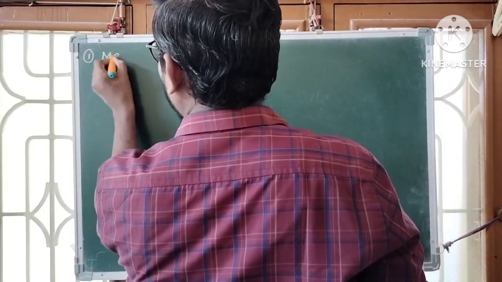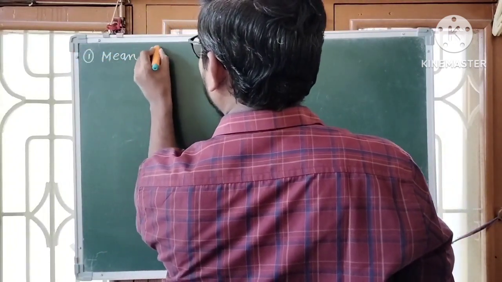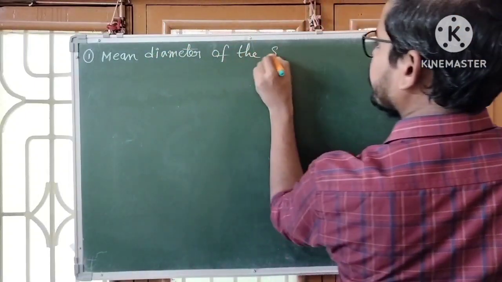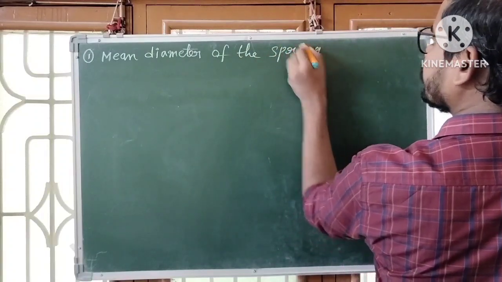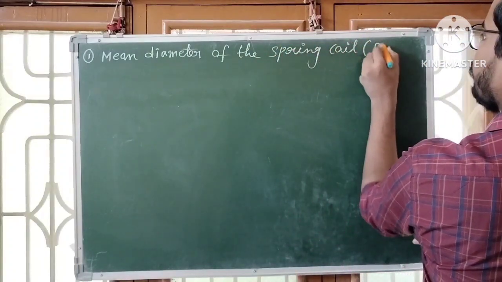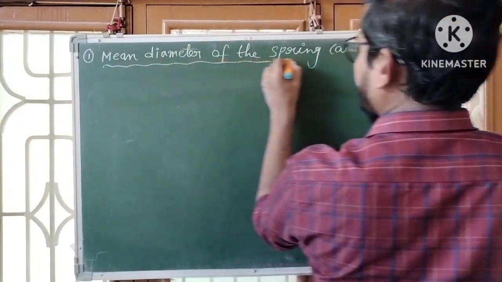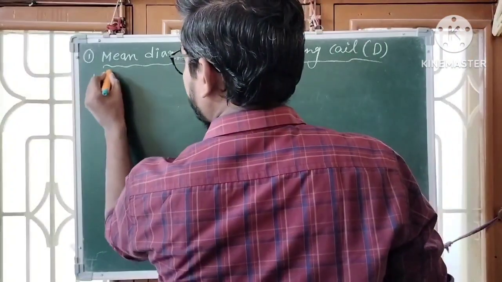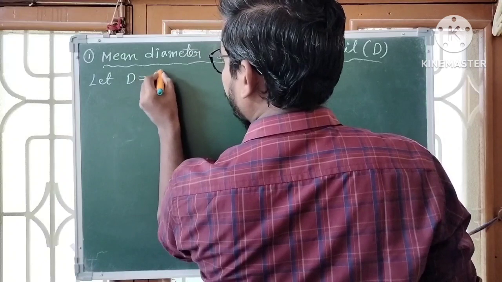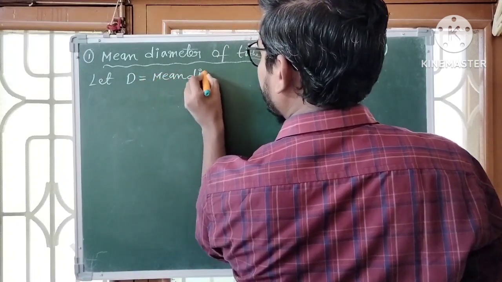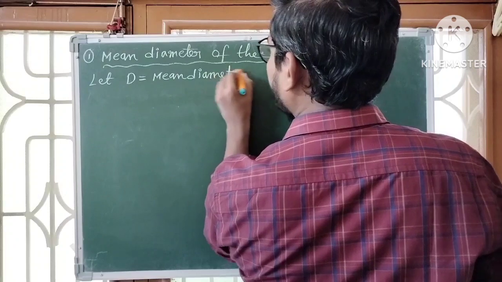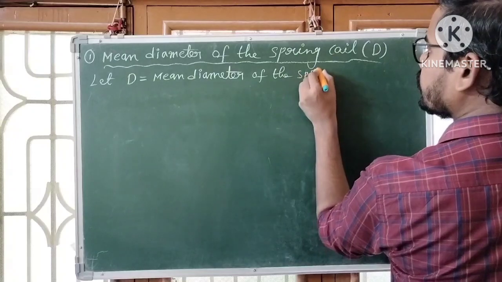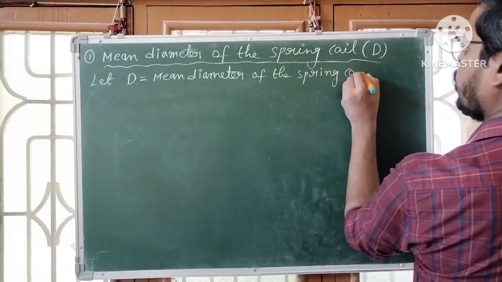Let us find the mean diameter of the spring coil. First we have to find the mean diameter of the spring coil.